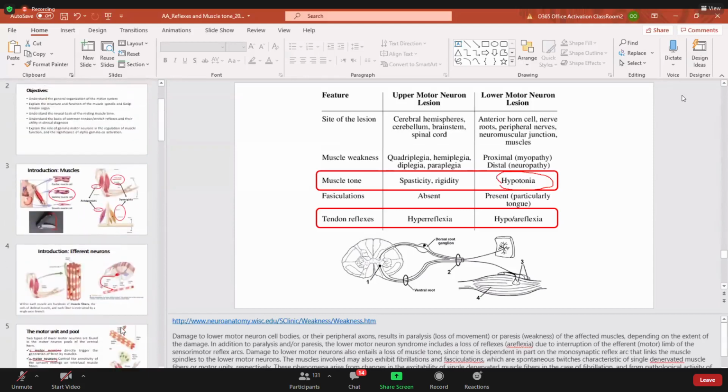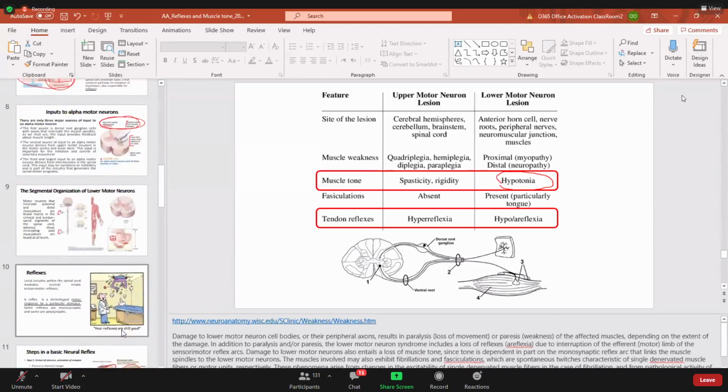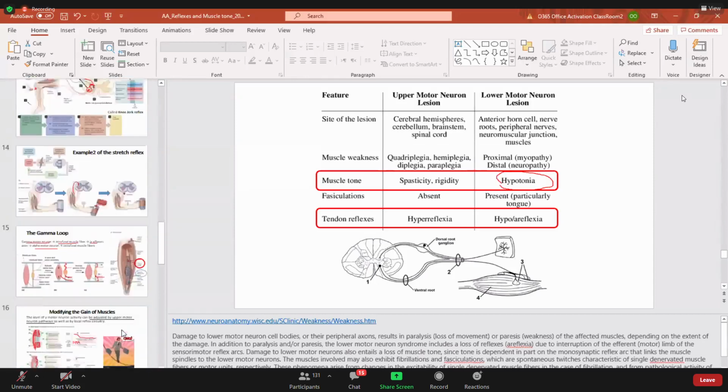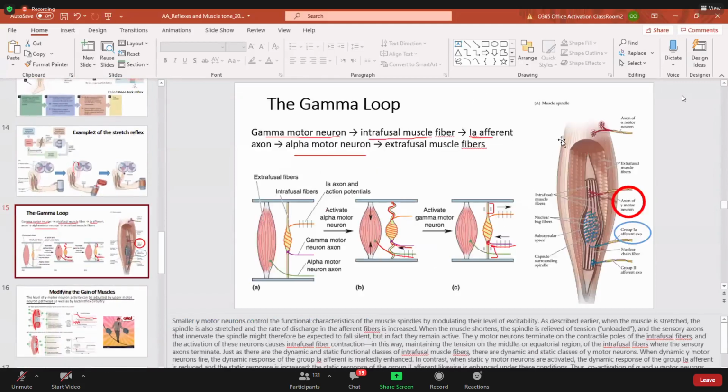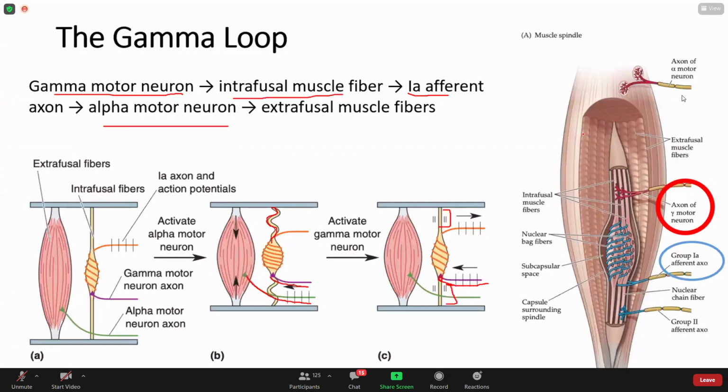So the alpha motor neurons mainly innervate the extrafusal fibers, whereas the gamma motor neurons will be innervating the intrafusal fibers.